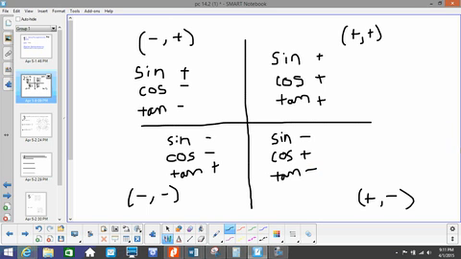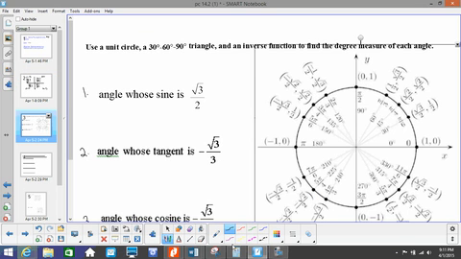If you know those relationships, when you're finding your angles, it's actually going to be a lot easier because you're going to find that some of these are going to have more than one. So let's go back and do this first example. I want to find the angle whose sine is radical 3 over 2.